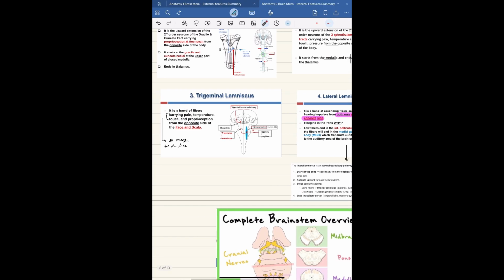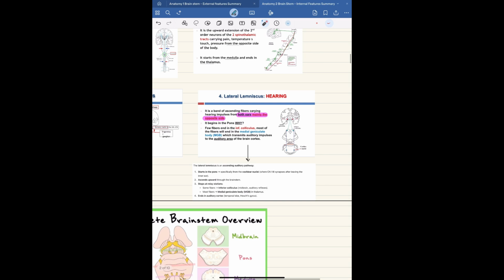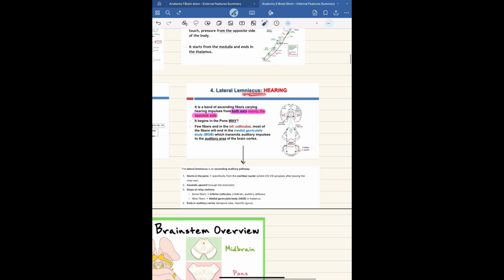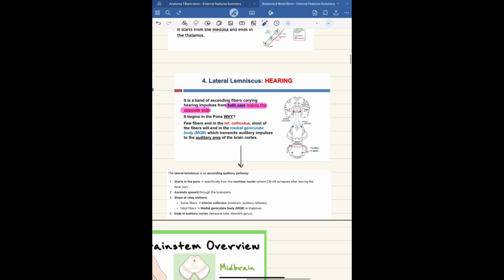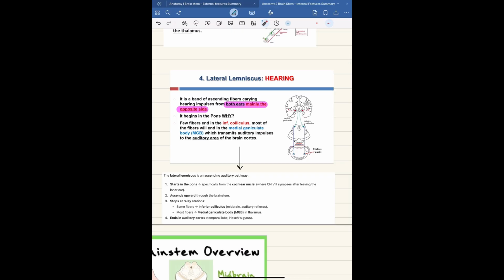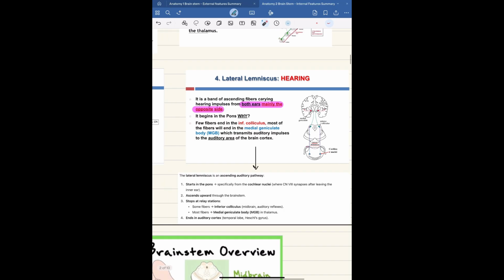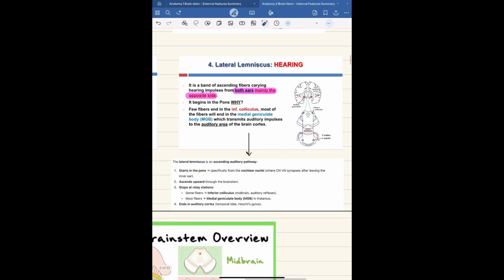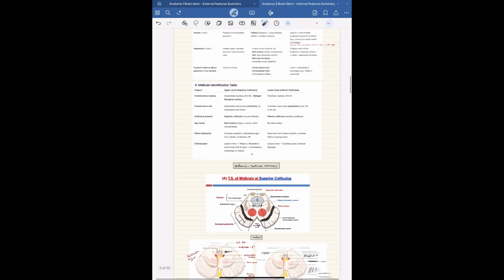So that's basically the trigeminal. And for the lateral lemniscus, the first thing that clicks is that it's really related to auditory, hearing. It is a band of fibers carrying hearing impulses from both ears, mainly the opposite side. I said it is auditory related. Okay, back to the slide.